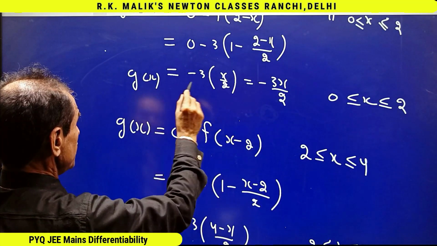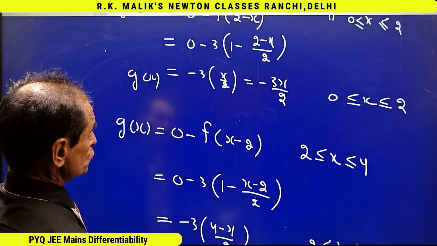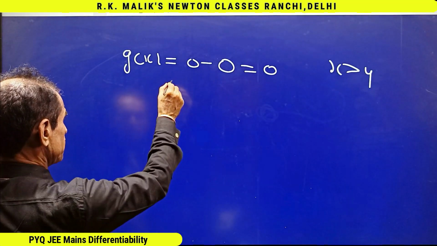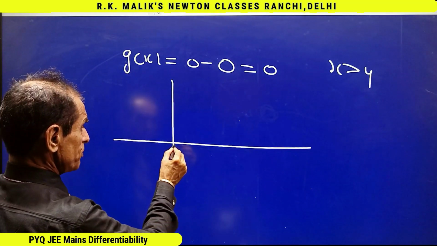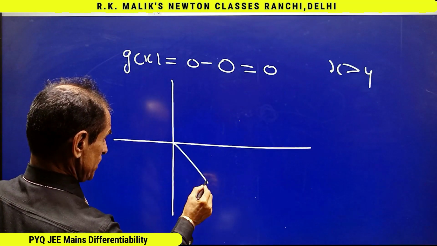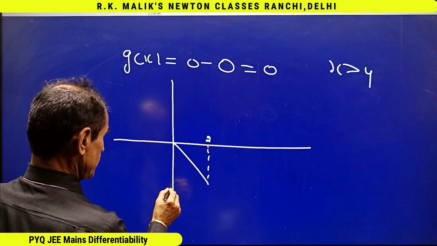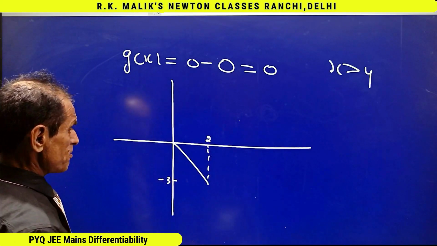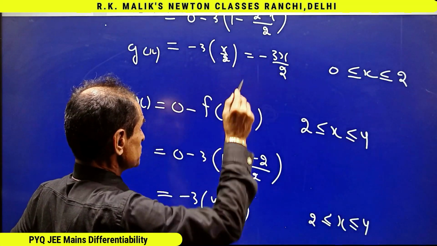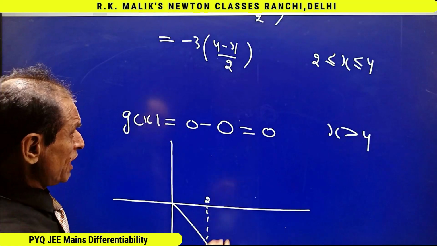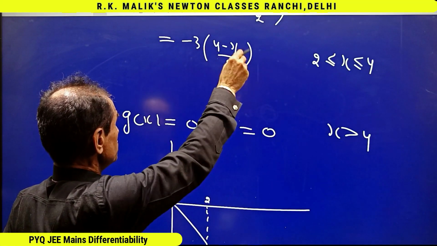Clearly, the value of g(x) is minus 3x by 2 for the values of x from 0 to 2. Hence, it will be of this type. Here 2 and here minus 3, because when x is 2, the value of g(x) will be minus 3. And when x lies between 2 and 4, the value of g(x) will be this.